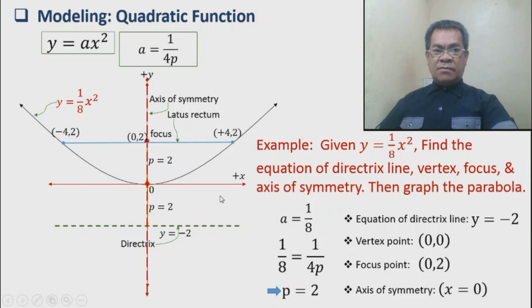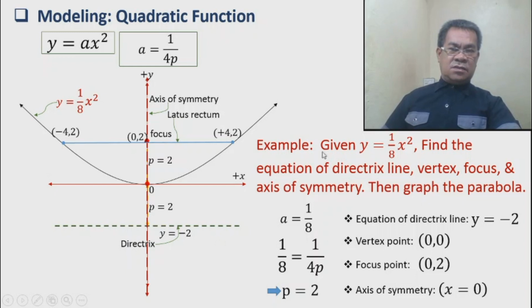So this must be 4, because when you substitute y equal to 2 here, then the result is plus and minus 4. So those are the end points of the latus rectum. Okay? So this is the answer. These are the answers to the problems.